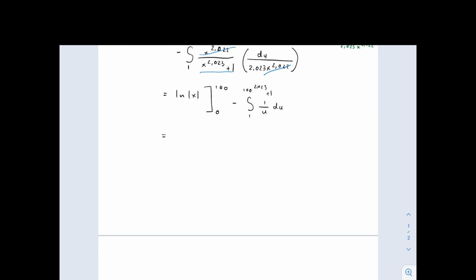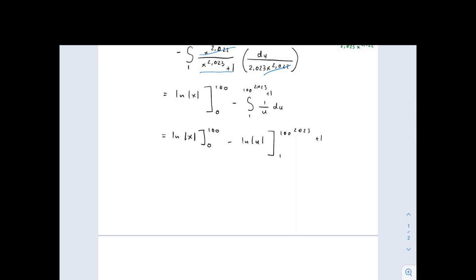We're going to keep this as the natural log of absolute value of x evaluated at 0 and 100 minus the natural log of the absolute value of u from 1 to 100 to the power of 2023 plus 1.